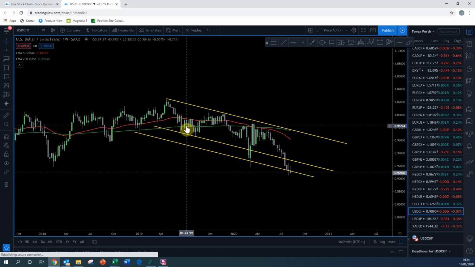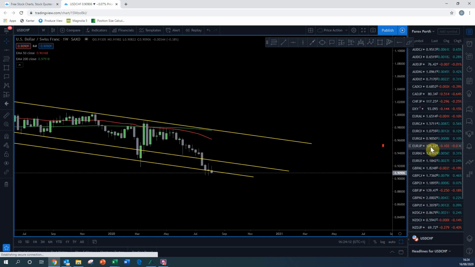Which means that the Swiss franc is actually strong against the dollar, and therefore we can see it being quite strong against other currencies as well. This is kind of a replica. I won't go through all of them, but across the board, you can't necessarily see Swiss franc strength on all currency pairs, as it's kind of ranging in a lot of them.